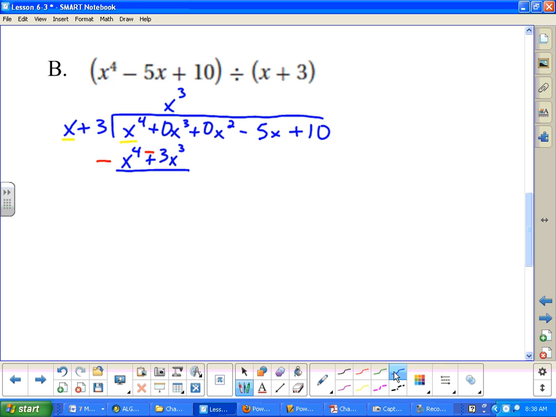So we get x to the 4th minus x to the 4th is 0. And 0 minus 3x cubed is negative 3x cubed. And so then I will bring down the 0x squared.